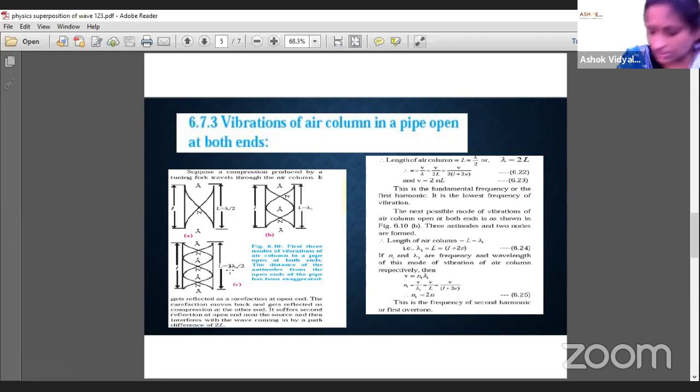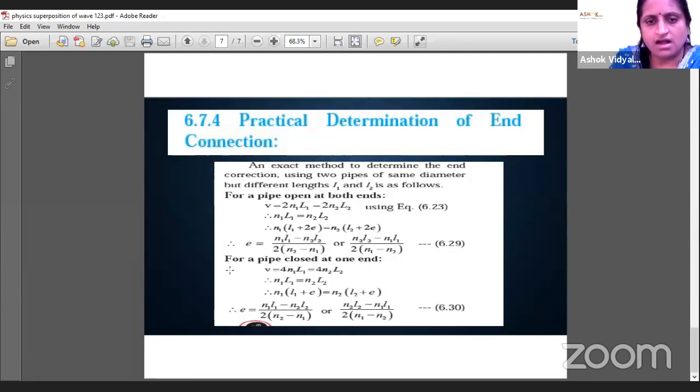Equations and derivations are asked. In the next lecture, we will see vibrations produced in the string, laws of vibrating strings, sonometer, verification of the first law of vibrating string, verification of the second law of vibrating string, and verification of the third law of vibrating strings.